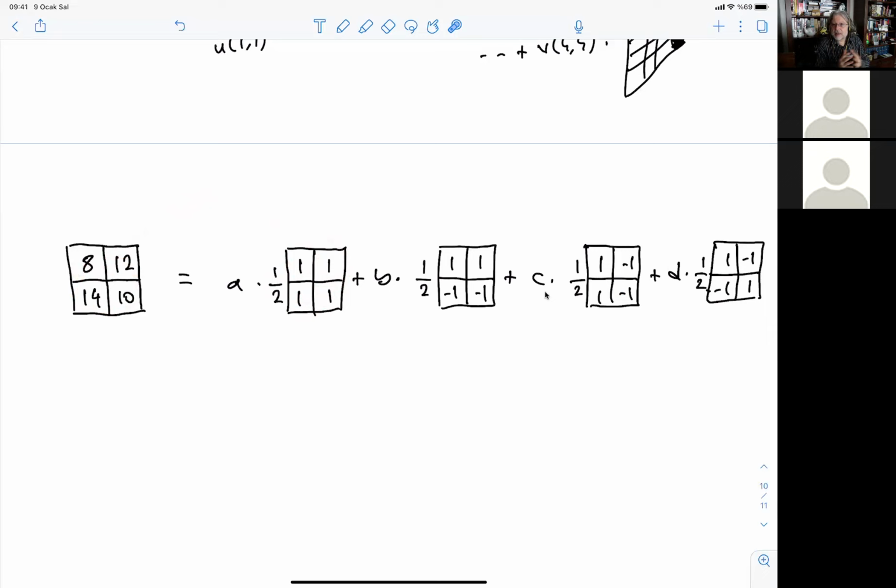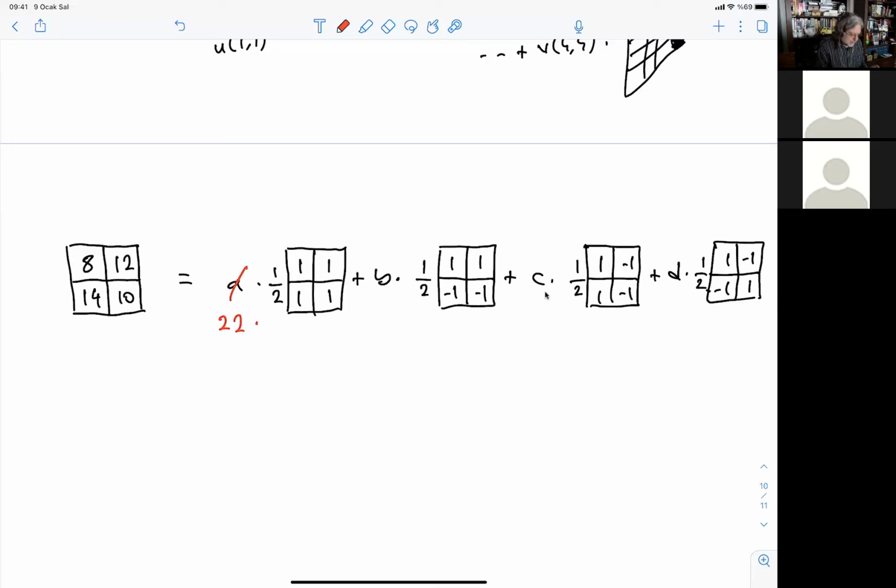That will give me the inner product. So it's 8 plus 12, which is 20, plus 10 is 30, and plus 14 will give you 44, right? Half of it is 22. So A is supposed to be 22. So it's 22 times the first basis.